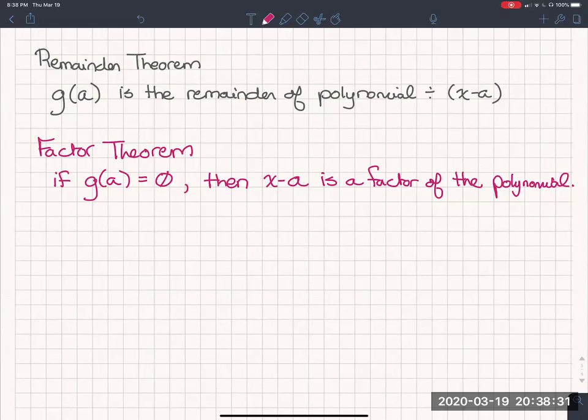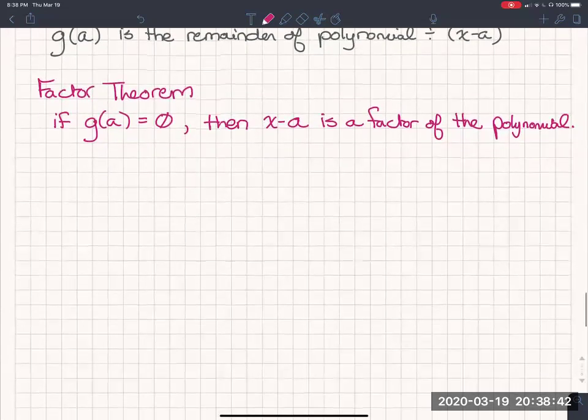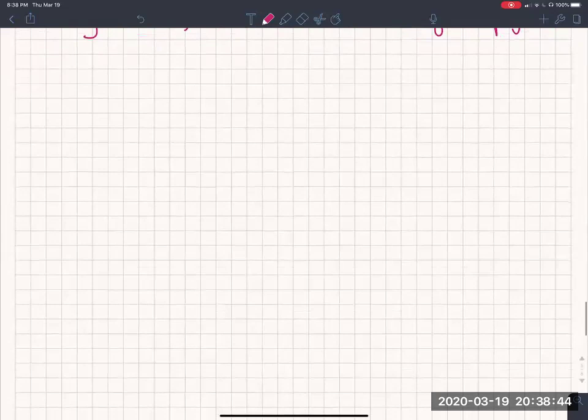And the factor theorem says that if the remainder is 0, then we can say that x minus a is a factor of the polynomial. So just to remind you how we did this, let's say I am going to give you a polynomial g of x equals 5x squared minus 6x minus 8.